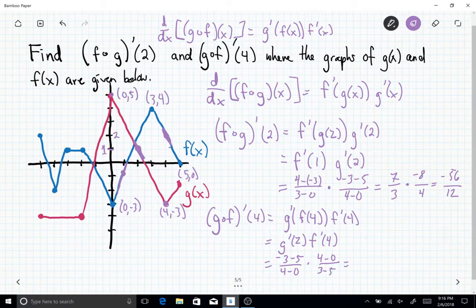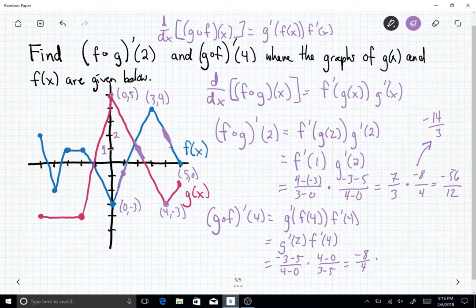And so that will equal, once again, negative 8 over 4. And oh, what I could have done the previous time, I could have simplified that to negative 2. So basically this previous problem, by the way, we could have made negative 14 over 3. And that probably looks a lot nicer to a lot of you.